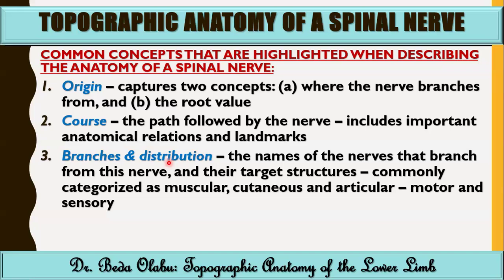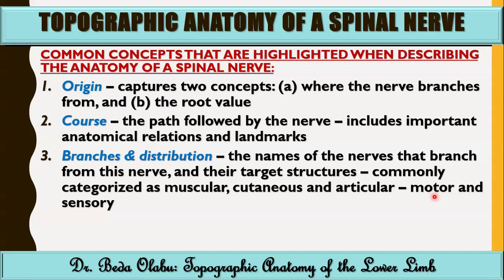Generally, we can classify the target structures into motor and sensory structures, or motor and sensory distributions. When you talk of motor distribution, we are largely referring to the skeletal muscles that they supply.